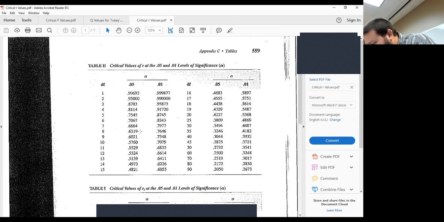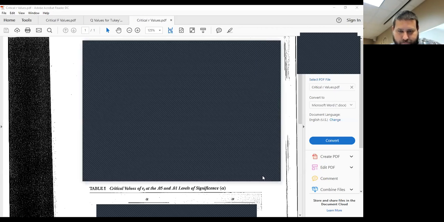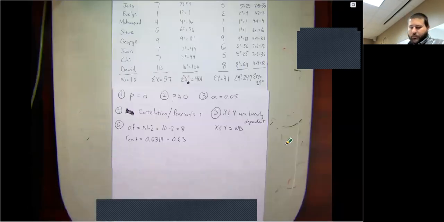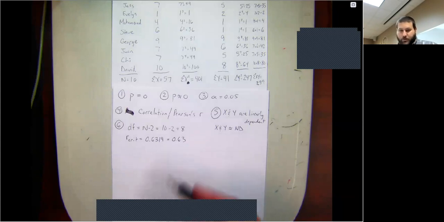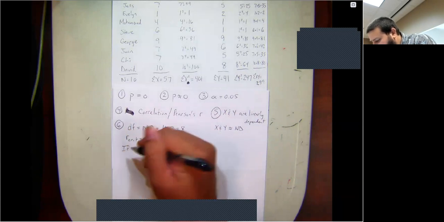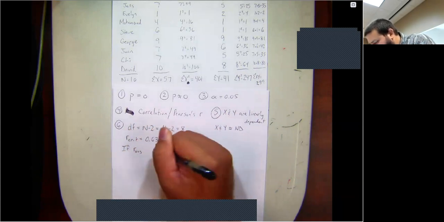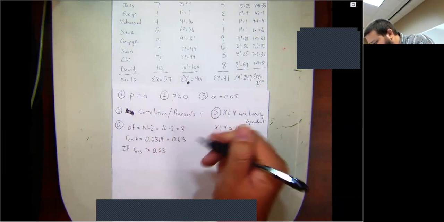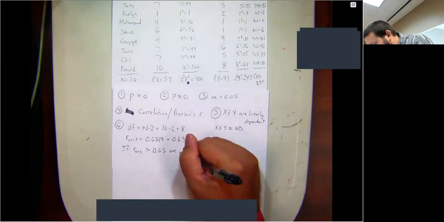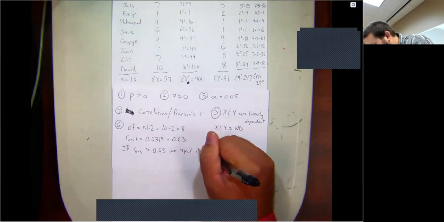r crit is 0.6319, or to 2 decimal places, 0.63. Just come back here, see that we've put our r critical value here as 0.63, and our decision rule is if r observed is greater than 0.63, we reject H0.